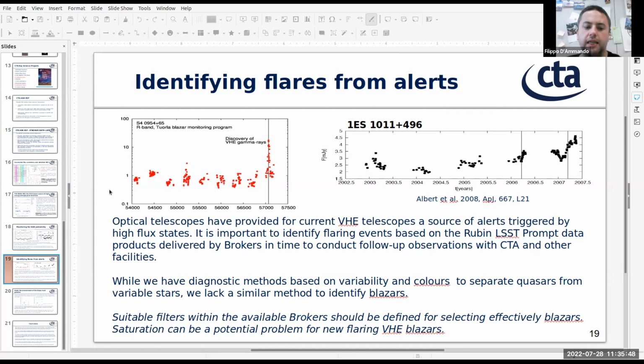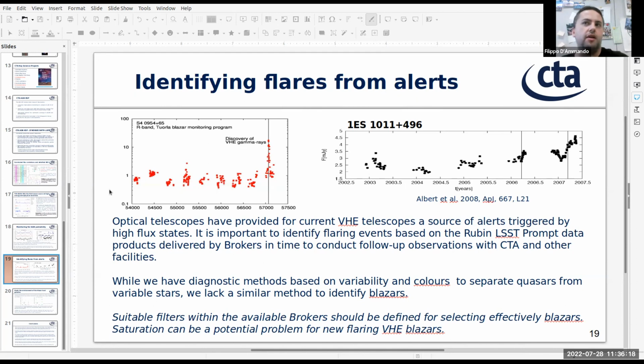Of course, it's important to have suitable filters for selecting effectively blazars. We have seen a great talk by George about this, but the diagnostic methods based only on variability and colors seem to be not enough, from some studies that we have done, to separate quasars from blazars.